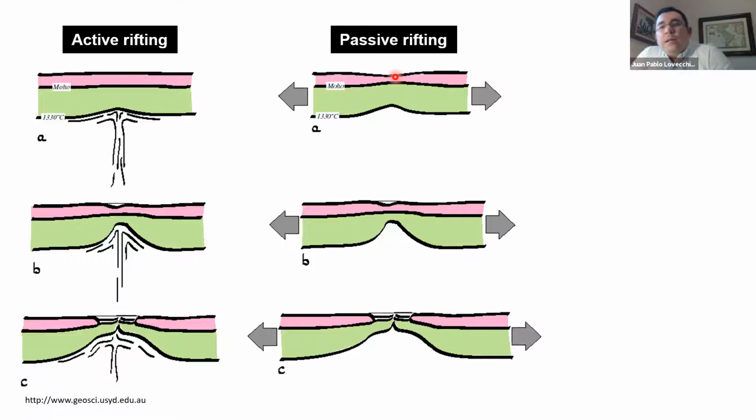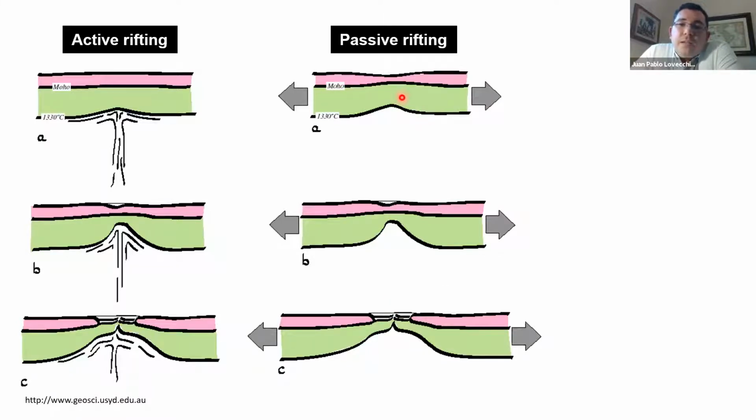If we look at passive rifting, the difference here is that it's not that the asthenosphere is actively moving up, but it's the far field stresses that are pulling apart the lithosphere, and so the asthenosphere is passively moving up. The consequence is the same. The asthenosphere moves up, the heat flow is increased.